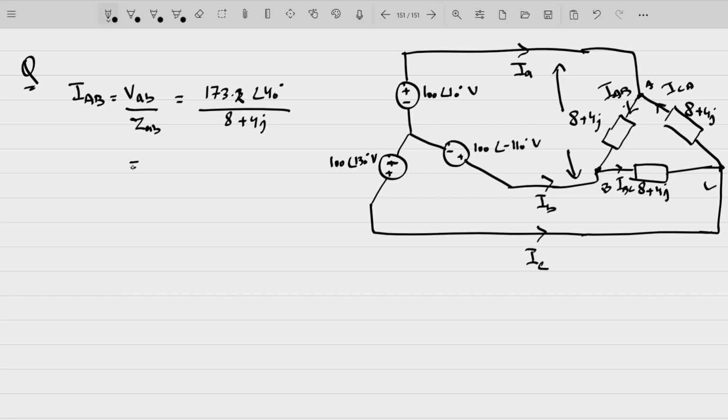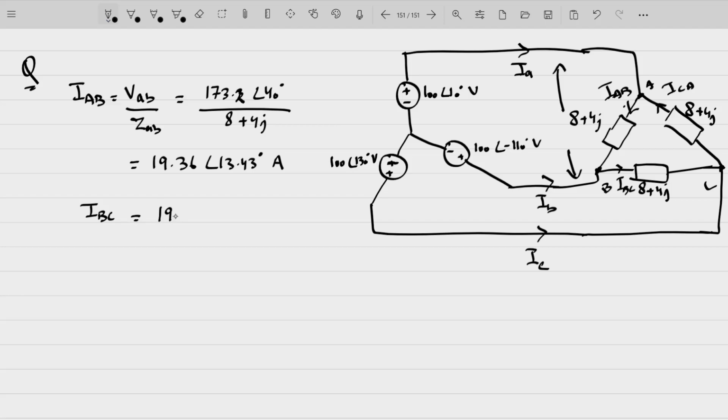So IAB is coming out to be 19.36 angle 13.43 degree amperes. So this is the value of IAB, that is the phase current. In the particular phase, what is the amount of current? Now, since we know that this is a balanced circuit, all the voltages are same, all the loads are same.